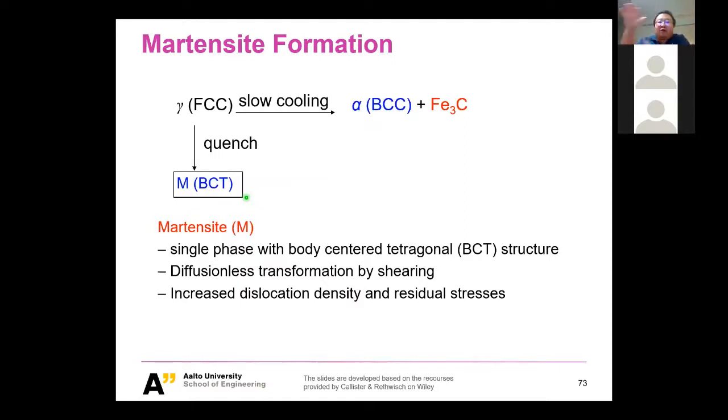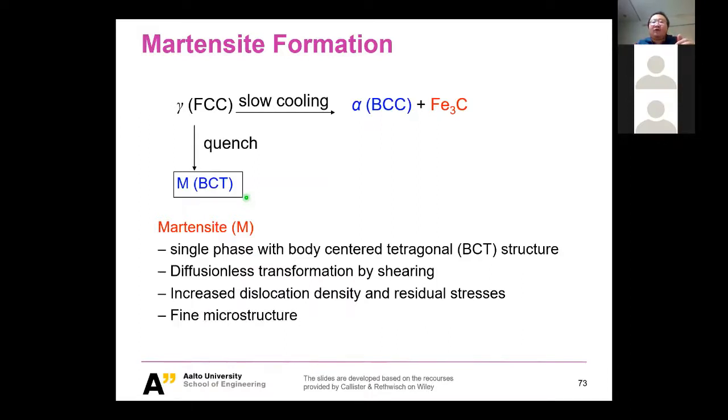Because of this shearing, you can imagine that it is promoted by what? By dislocations. That's why you have a quite increased dislocation density in your martensite, instead of diffusion-driven processes. And due to this dislocation density and shearing, you will also have some residual stresses, right?